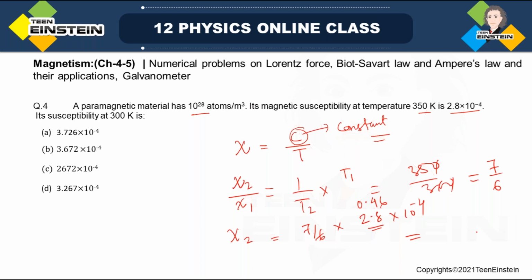So if we just multiply this, 6 sevens are 42, 4 sevens are 28, so around 32. So yes, there will be some factors obviously, and this will be 10 to the power minus 4.